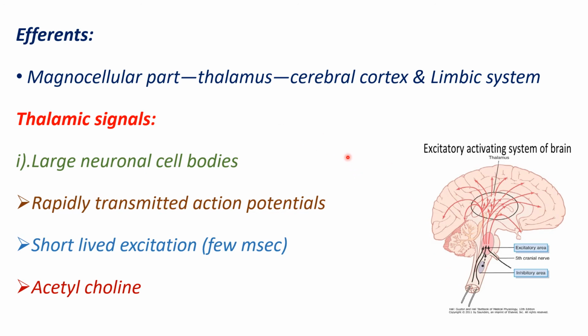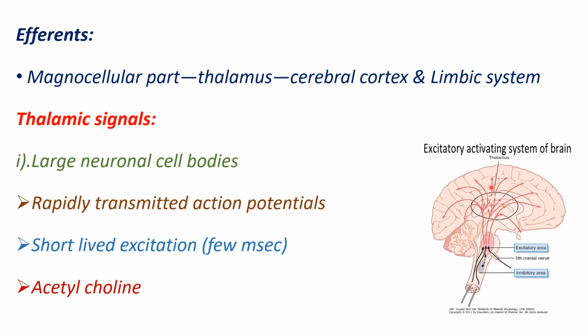We have discussed the fibers which go downward, the descending tracts. Now the efferents, especially from the magnocellular nuclei, go to the thalamus. From the thalamus, most of the signals go to the cerebral cortex and especially the limbic system, and some pass directly without relaying in the thalamus.